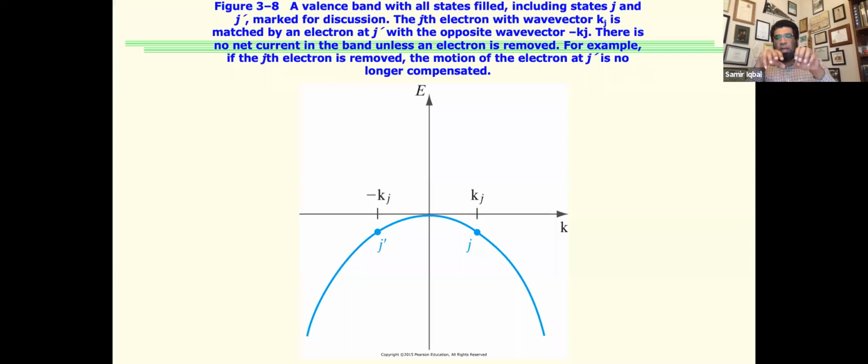The next electron can occupy that one, so they can keep on doing that. What we can see from the outside world is that electrons are going right one at a time and holes are going left. But if that electron jumps back with temperature, it's just a random process. It can stop that conductivity. So at the end of the day, there will be no net current in the band unless that electron is completely removed. That's the overall thing: for conductivity to happen, it has to completely go out of the system.